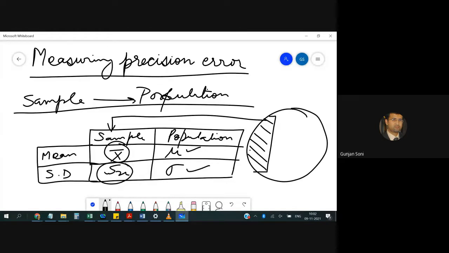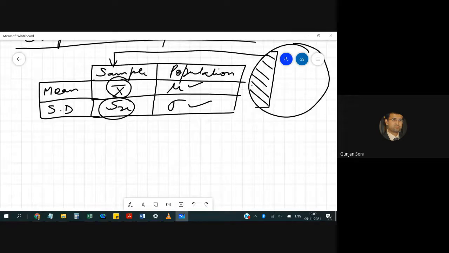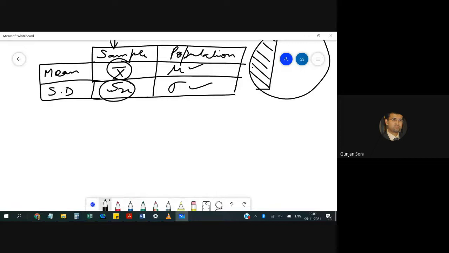Now, there's another thing. This is called statistic. And this is called parameter.